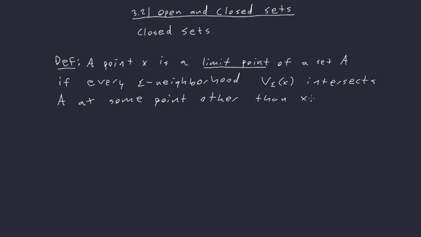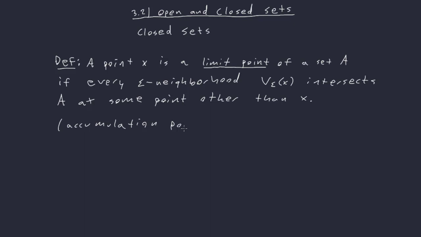So essentially, let's try and break this down. X is a limit point of a set if every epsilon neighborhood around it intersects A at some point other than X. This is sometimes referred to as accumulation points.